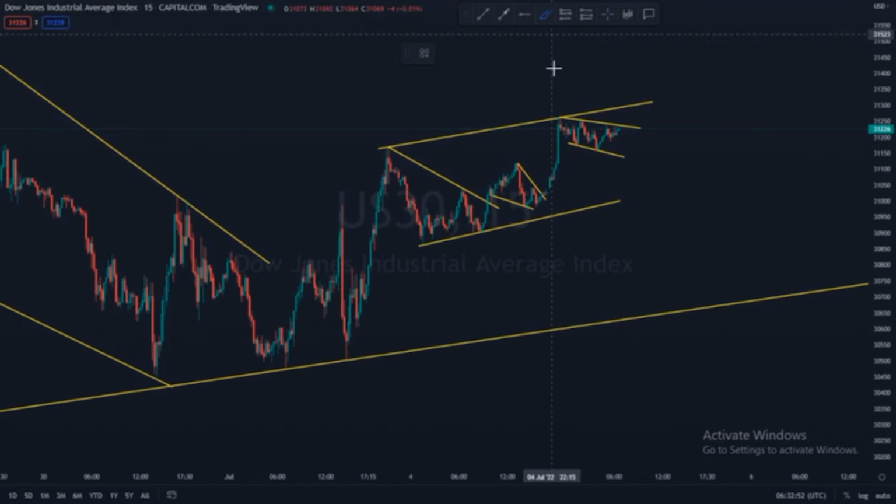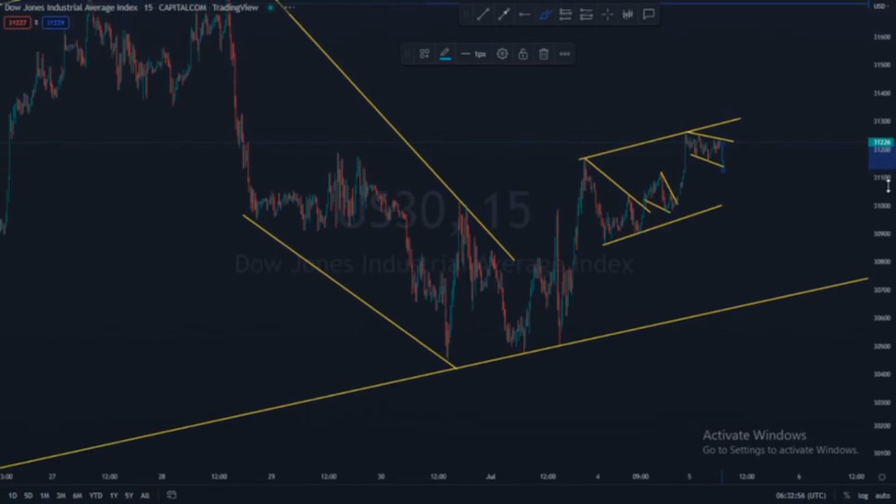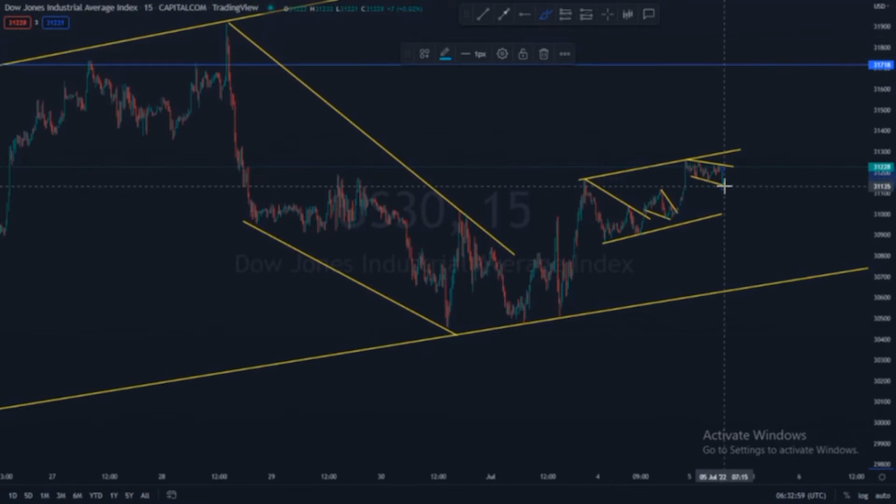So probably we can get a push downwards, giving us a third confirmation, and then we can have a push up, moving to this session, giving us sessions 1, 2, 3. And then you can have US30 committing to this side, giving us first touch, second touch, third touch confirmation before finally moving to the upside and then the downside.